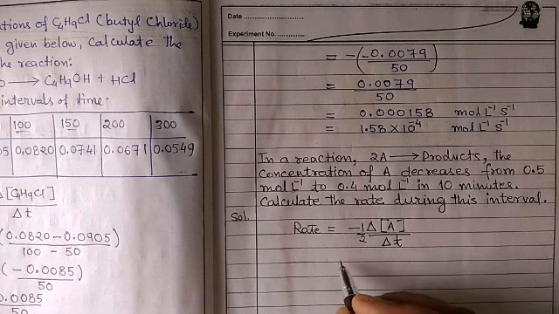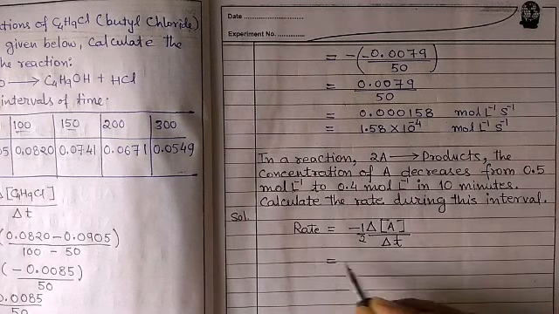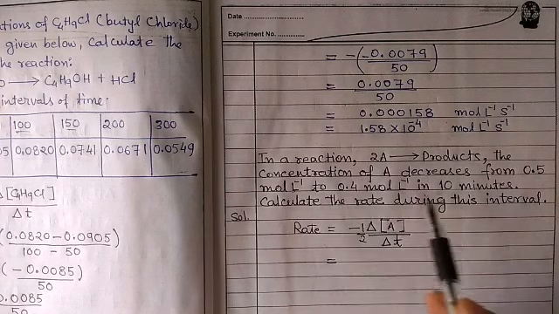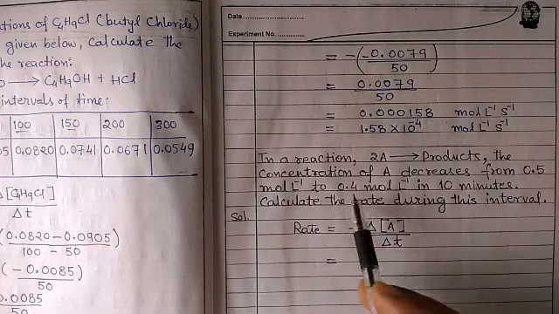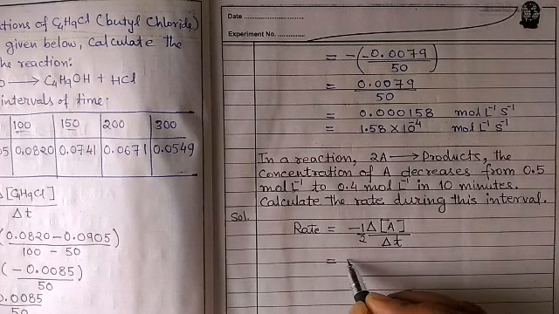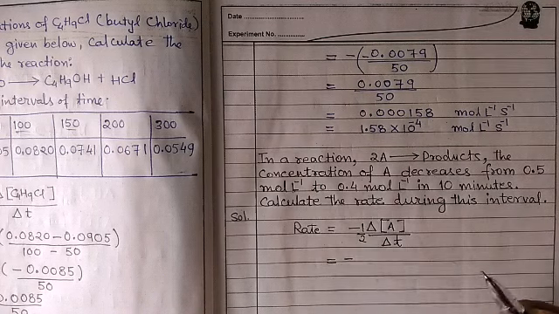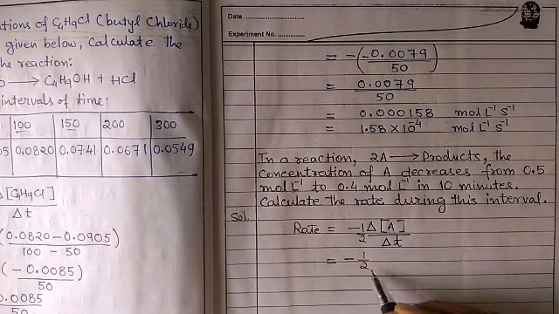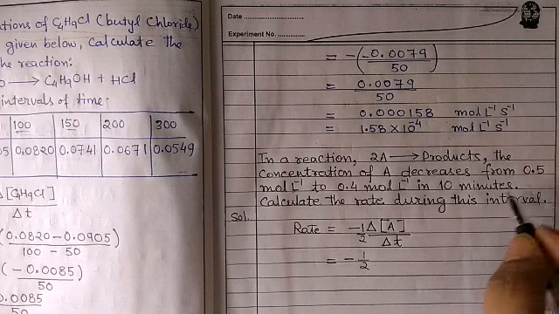Now let's put the values. Decreases from 0.5 mole per liter to this much. This is initial value and this is final value of concentration, change in concentration. So we are putting negative 1 by 2, and then we are putting these values.